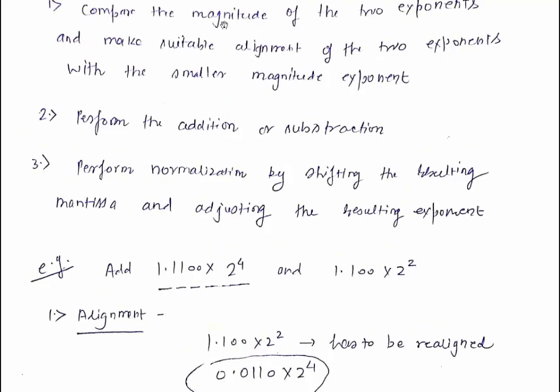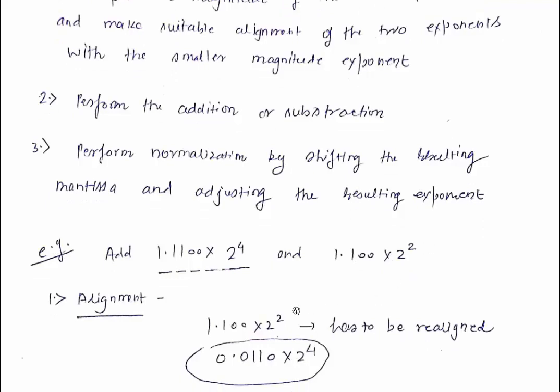The first step is to compare the magnitude of the two exponents. This is 4, this is 2, and make suitable alignment of the two exponents with the smaller magnitude exponent. You have to make adjustment to the smaller exponent. The smaller exponent is 2, so you convert it to 4.